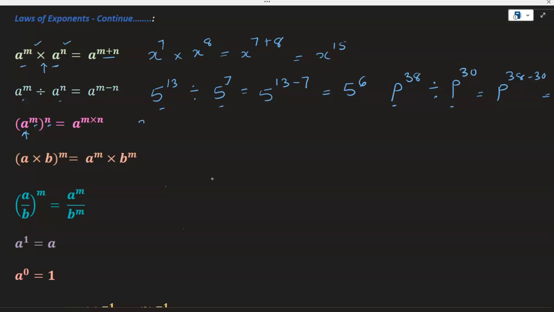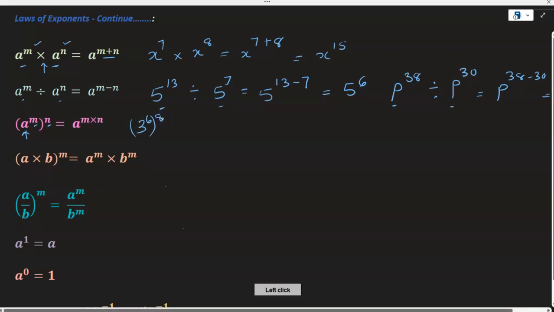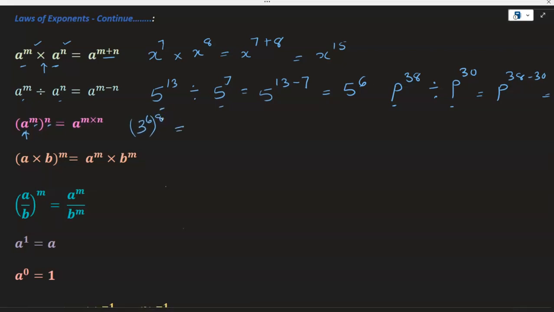If I have 3 to the power 6 to the power 8, what I can do here, I can see I have two powers. So according to law, I simply have to multiply those powers. That is 3 to the power 6 into 8, and 6 into 8 is 48. So 3 to the power 48. Let us see an example with some unknowns.